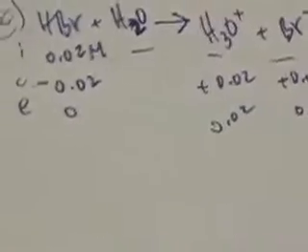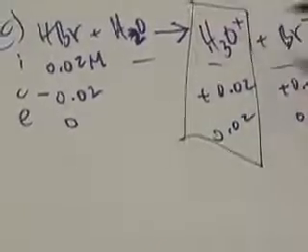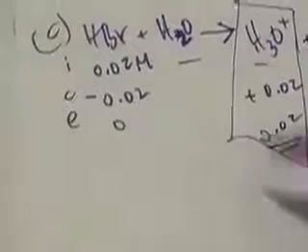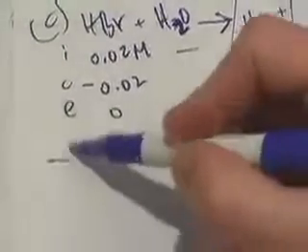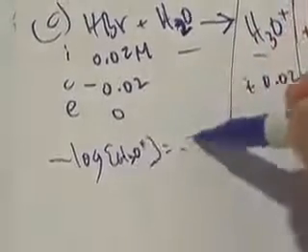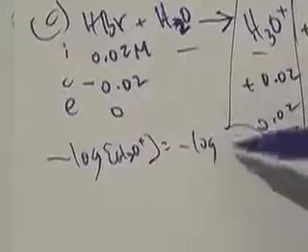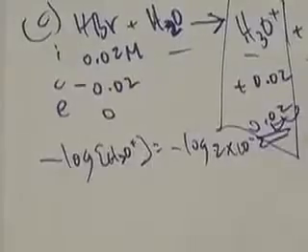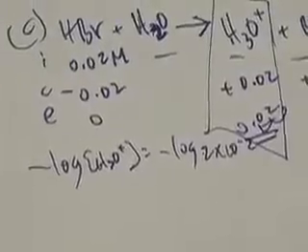The thing that the pH depends on, of course, is the H3O plus ion concentration. So if this is 0.02 molar and there's none of this left, to find the pH, we'd simply take the negative log of the H3O plus ion concentration, which would be the negative log of 2 times 10 to the negative 2. If I move this decimal place over 2 places, it's 2 times 10 to the negative 2.